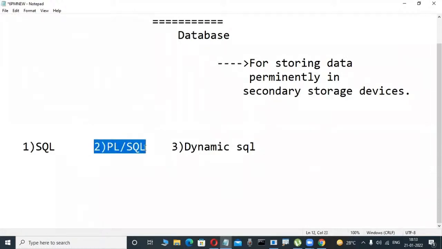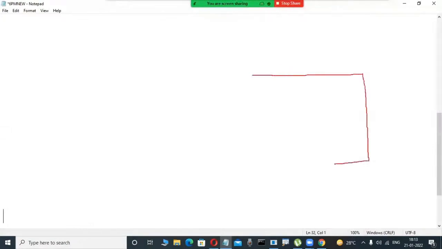Why is this language required? Because of so many applications. For example, you are a first-time newcomer, so concentrate here on how you can understand it. Why PL/SQL is required, just for an idea, I'm telling some applications. Slowly observe here: daily, so many people go to banks for depositing or withdrawing money.